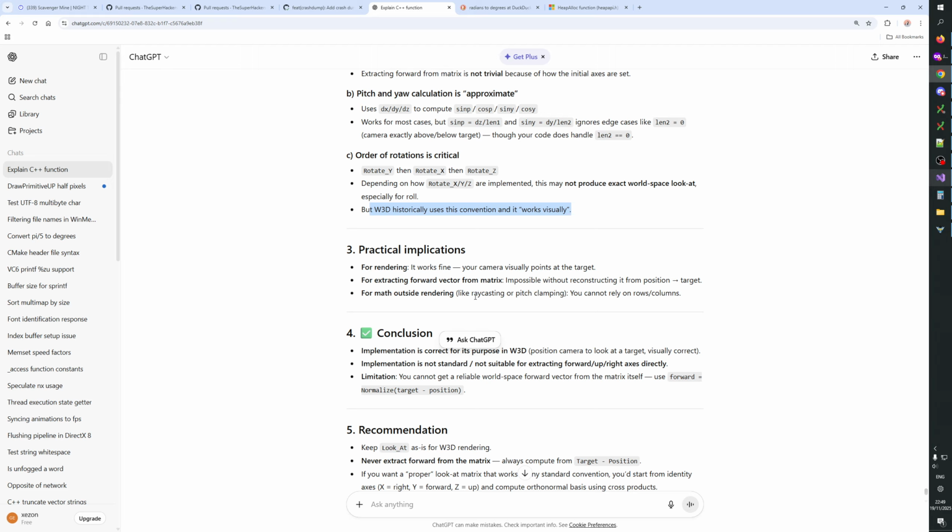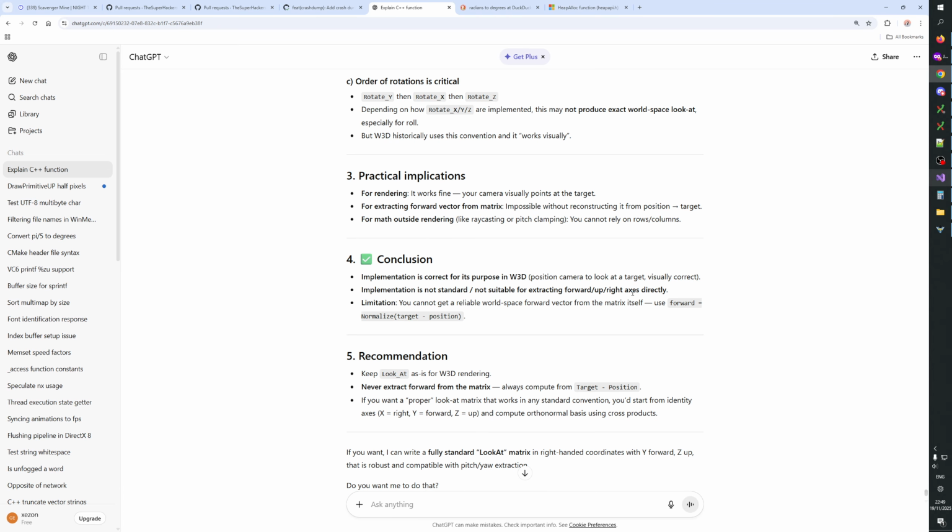For extracting forward vector, impossible without reconstructing it. For math outside rendering, you cannot rely on rows columns. Conclusion. Implementation is correct for its purpose. Implementation is not standard.